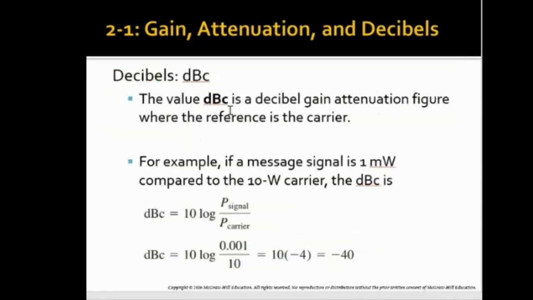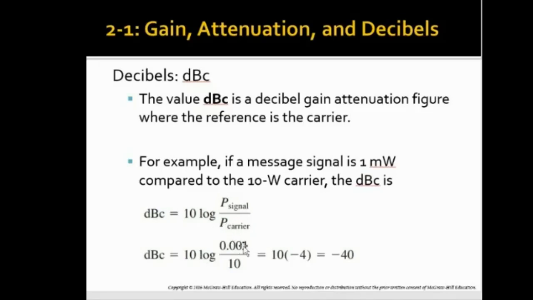Other than dBm, we also have dBc. The value dBc is a decibel gain or attenuation figure where the reference is the carrier power. So, for example, if a message signal is 1 milliwatt compared to a 10 watt carrier, then dBc is equal to 10 log of the signal power over the carrier power.